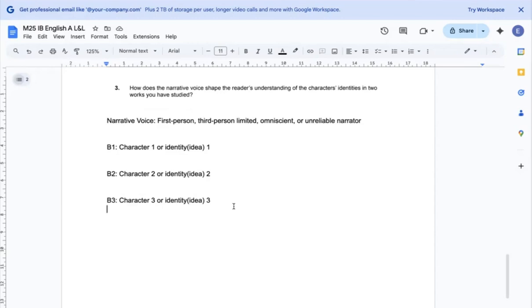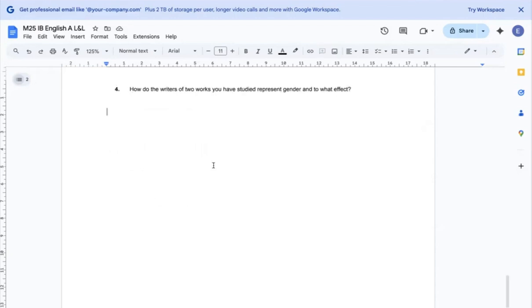In body 1, based on one type of narrative voice that your text entirely has, character 1, character 2, character 3. Or it can be about each identity, like identity about gender, identity about religion, or identity about social entity, whatever. So it can be divided either character-wise or identity-wise. That's my recommendation.